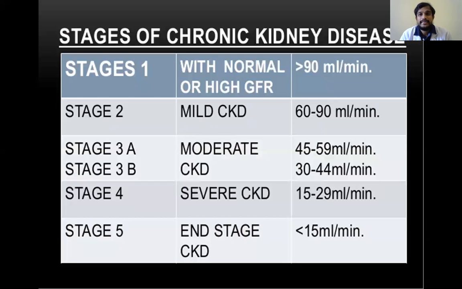Here you can see the stages of renal failure as per the glomerular filtration rate. As the glomerular filtration rate decreases, the stage will increase. That means as the kidney damage keeps going on, the glomerular filtration rate will decrease. So depending upon this GFR, we can categorize the renal failure, kidney disease.